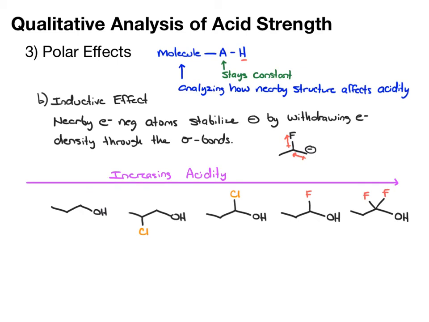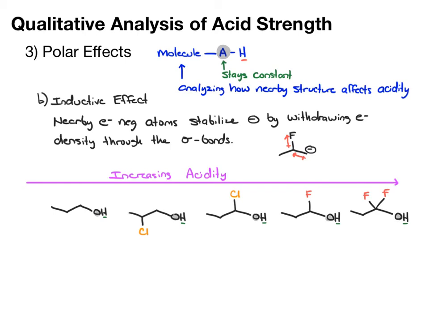All right, so here we have several compounds, and in all cases, the acidic proton is the one on the oxygen. And what you see is that the atom that proton is bonded to remains constant in all cases, which is important for these types of effects.